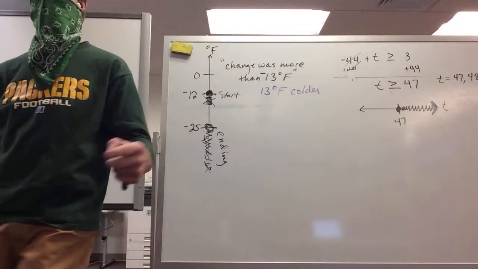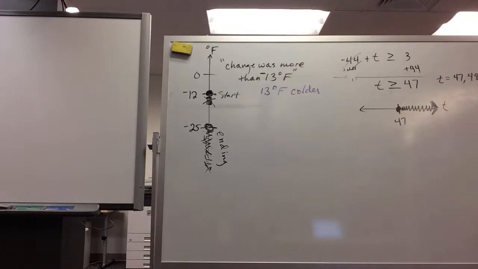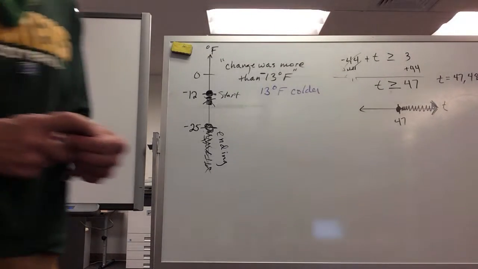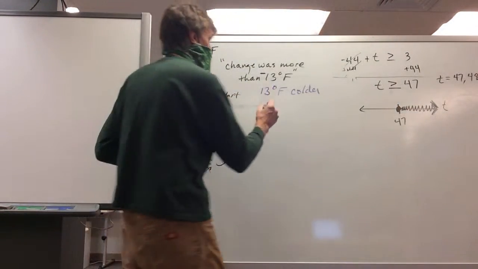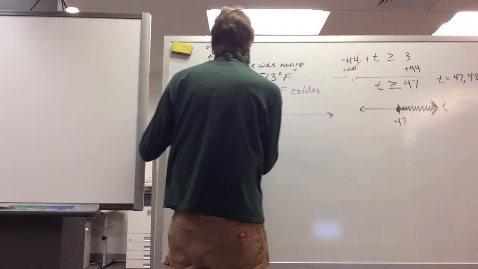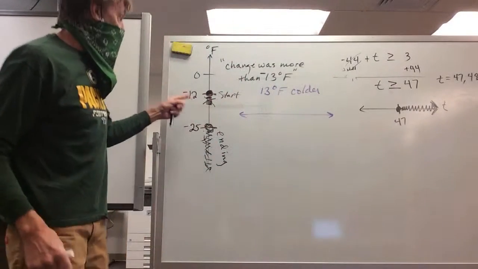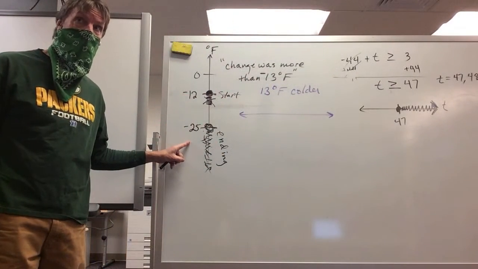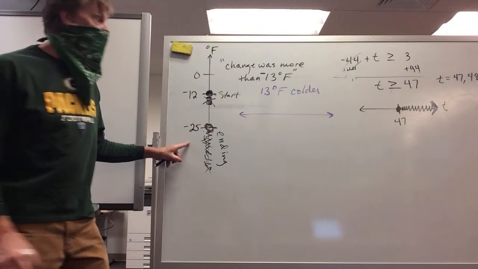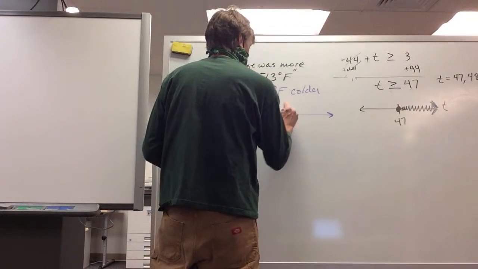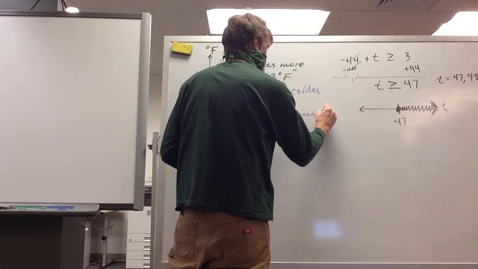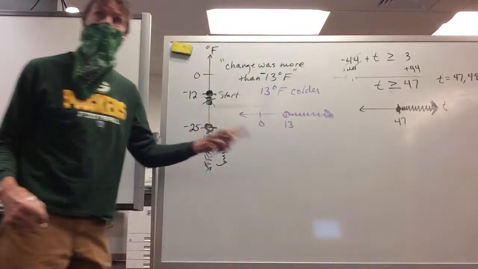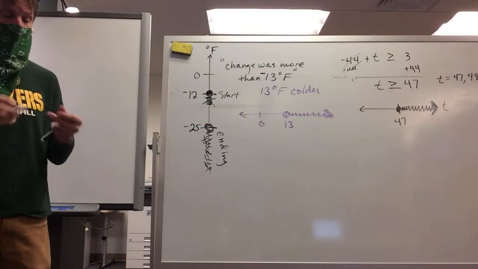So it could have been 14 degrees colder, 15 degrees colder, so on, right? And depending upon how you word this, you can graph it two different ways. If you graphed it by the number of degrees change, you could graph it positive. So that shows more than 13 degrees of change.